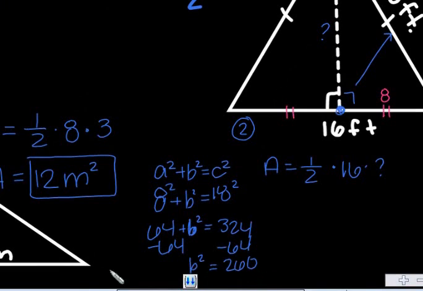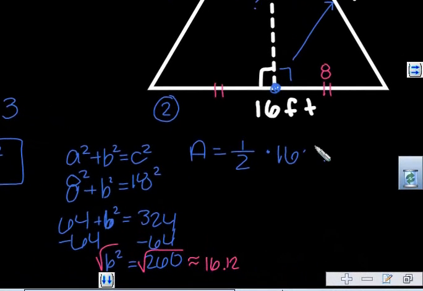And the same thing we did last time, that last step, you get rid of the squared by taking the square root. The square root of 260 is approximately, when you see this symbol that looks like an equal sign but squiggly, that's approximately, because we're going to be rounding a decimal, approximately 16.12. Now we can plug that in for our height.